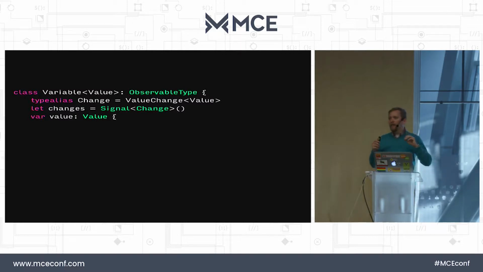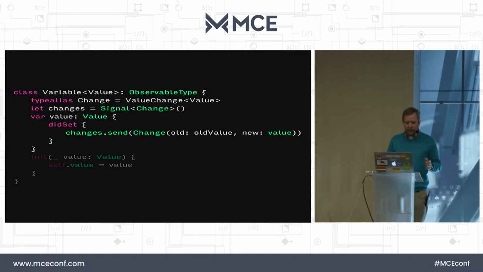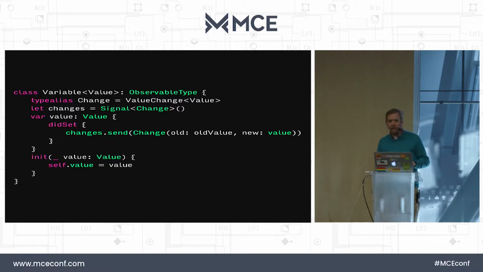And whenever this gets set, no matter what sets it, this set property observer will get run, and it will send an event down this signal, broadcasting the change description to anyone who is interested in it. That's pretty much it. The only thing we need to do is to add an initializer to set the initial value for this variable, and we are done.